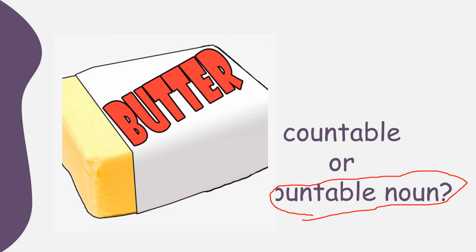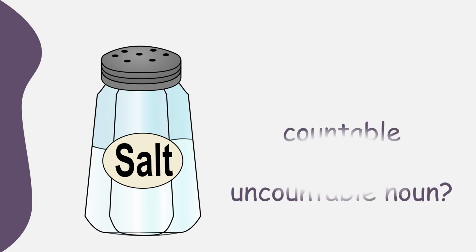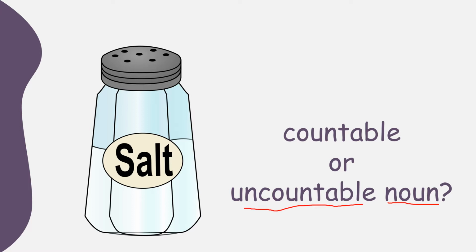Next, how about salt? Countable or uncountable noun? Can you count 1 salt, 2 salt? No. Yeah, it's absolutely an uncountable noun. If something is like salt or sugar, something powdery, you cannot count.